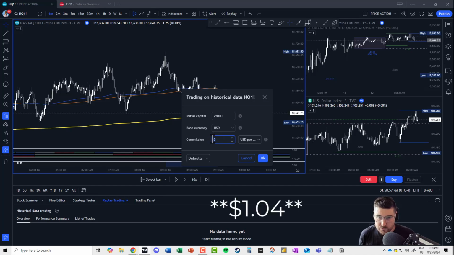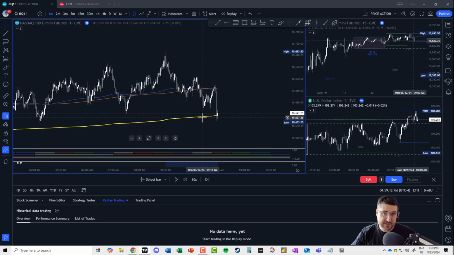So can't put that here because it considers the buy commission, and then when you resell that as you're completing your trade, it adds the commission as well. So we're going to have to put 0.52. And now I am set up to mimic my real 25K account on Tradovate with Apex Trader Funding.